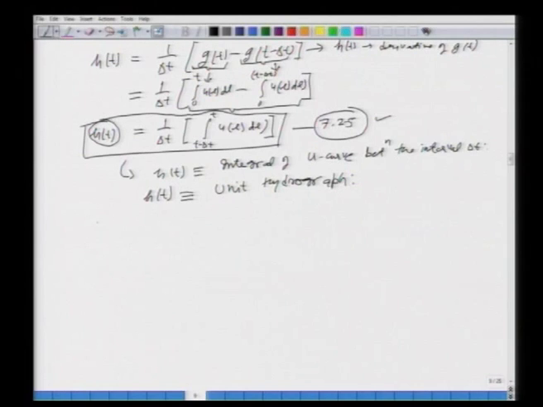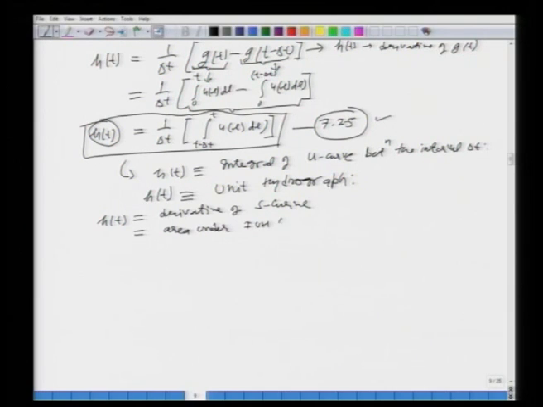So, what we have seen is that h of t is equal to the derivative of the S curve, that is number 1, and this is also equal to the area under your IUH curve between the limits of t minus delta t and t.